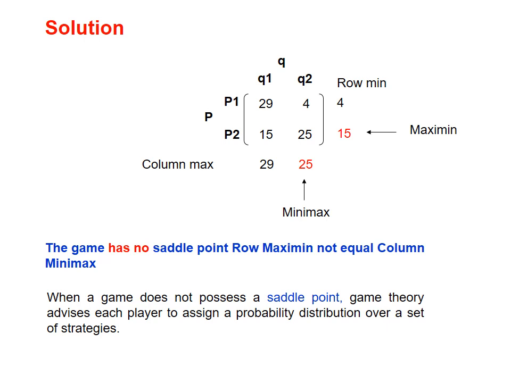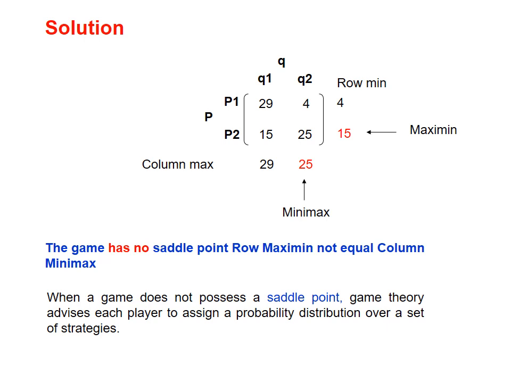First step, we compare the two numbers in the first row, 29 and 4, and select the smaller of them, 4. This represents the row minimum. For the second row, 15 and 25, 15 is the smaller number.